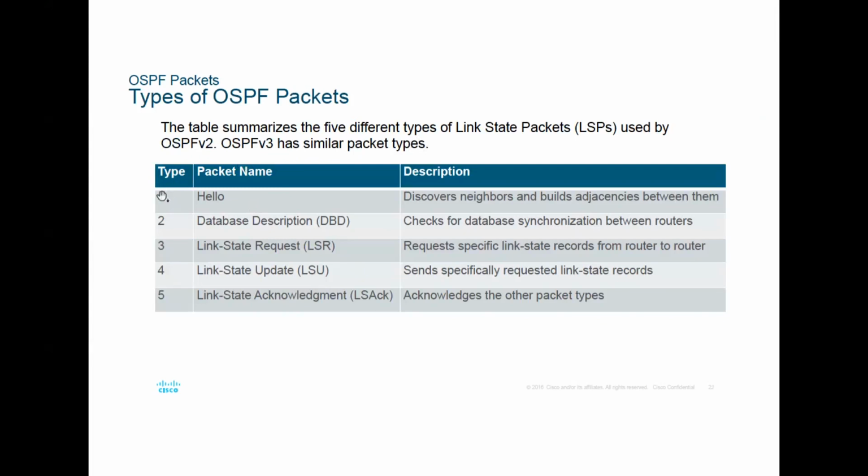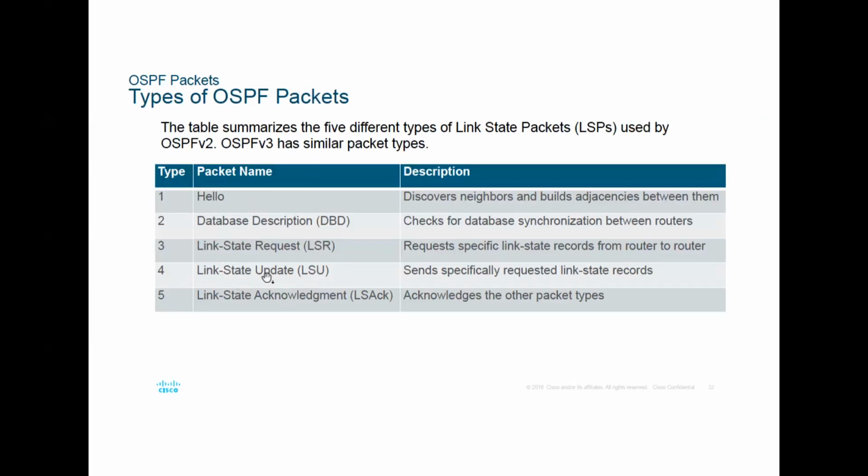So if you can see here, the first, hello, to discover neighbors and build adjacencies between them. Second, database description, DBD, checks for database synchronization between routers. Third one, link state request or LSR, requests specific link state records from router to router.